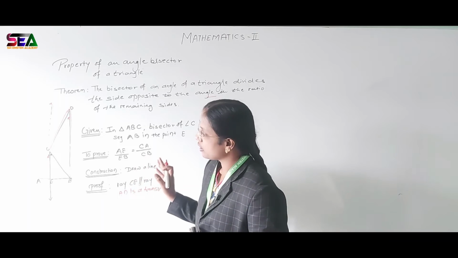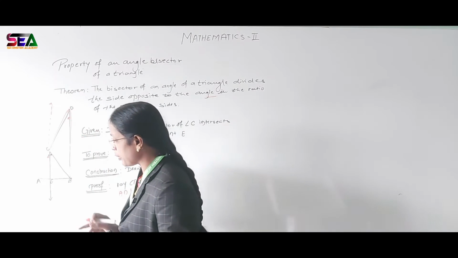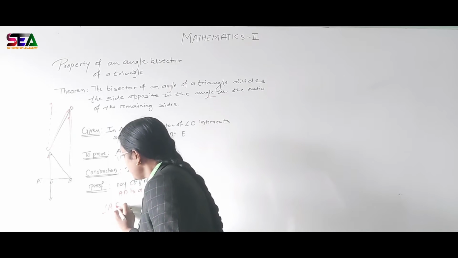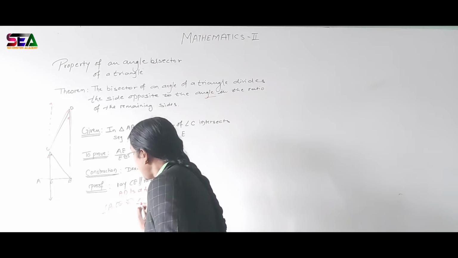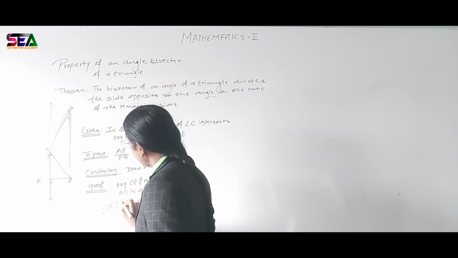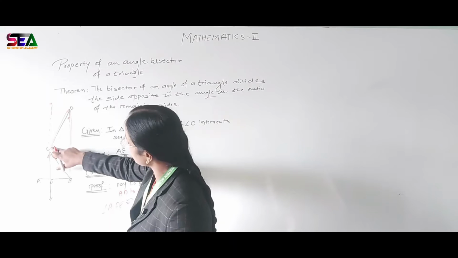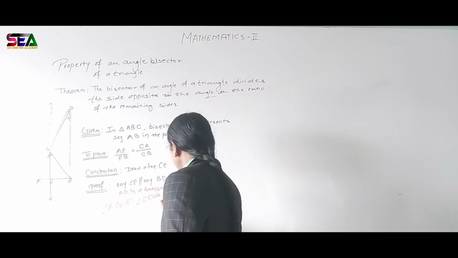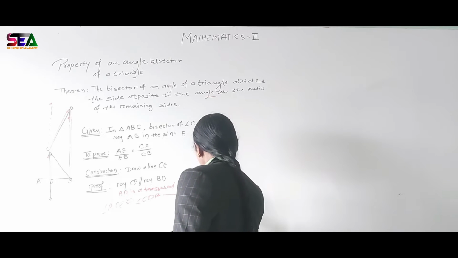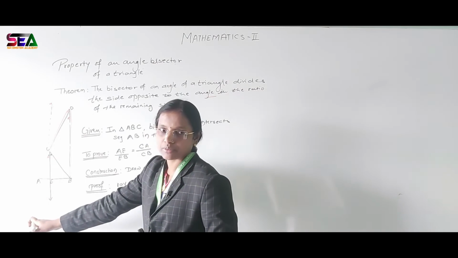See properly in the diagram: angle ACE is congruent with angle CDB. This is a pair of corresponding angles when AD is a transversal.